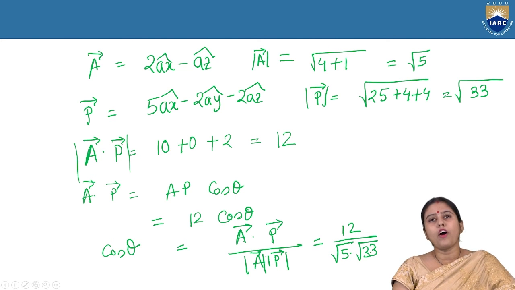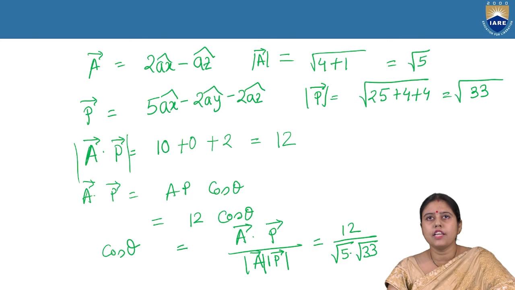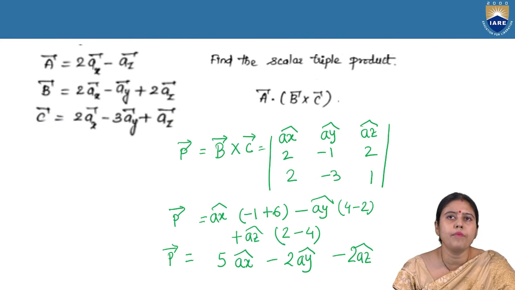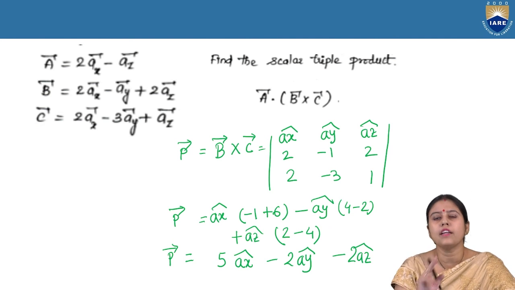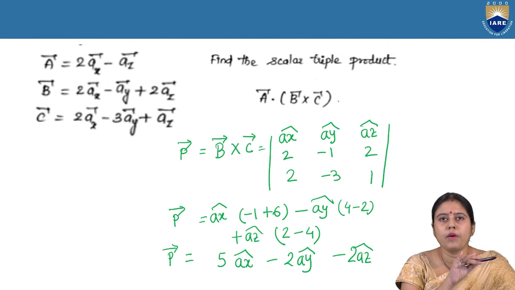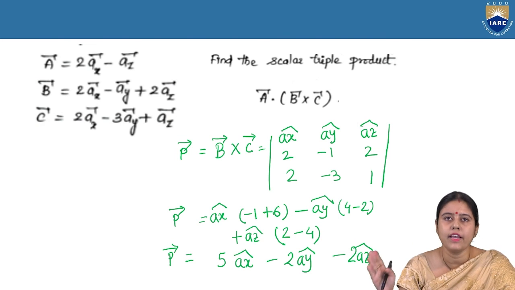So I did the problem step by step by hand so that you can easily understand. So what are the steps? First step we will do the B cross C. First we can do the cross product. What is the form of cross product? It will be written in a matrix form. In the matrix form, the first row will be the unit vectors ax, ay, az.